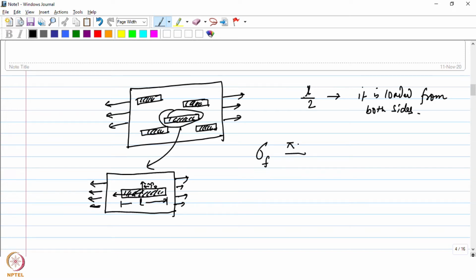So if D is the diameter of the fiber, this is the area on which it is acting, and it will be balanced by the shear stress, which is acting on the surface of the fiber. So this is the area on which it is acting when you consider half the length of the fiber.